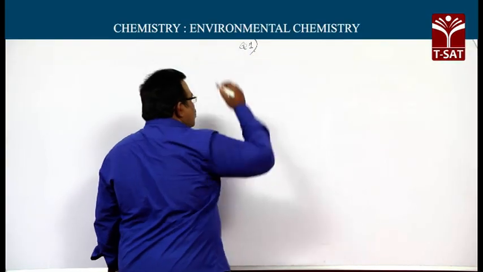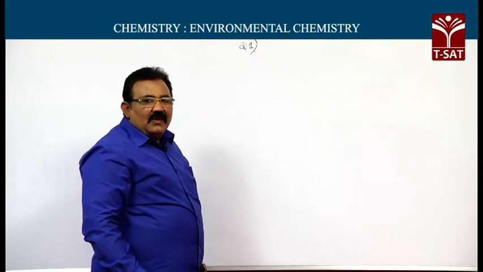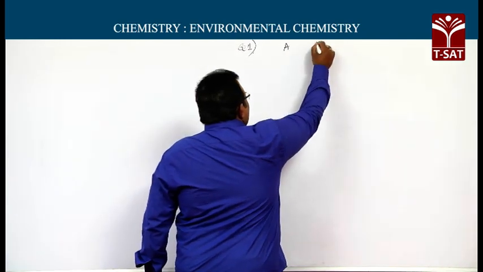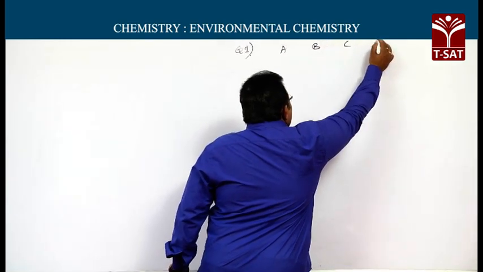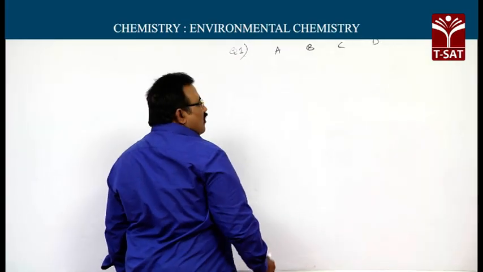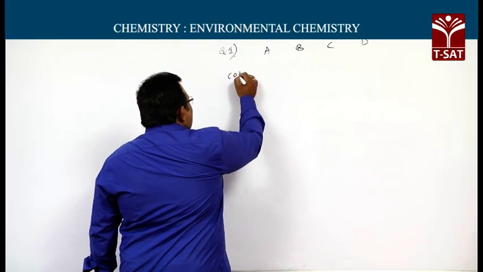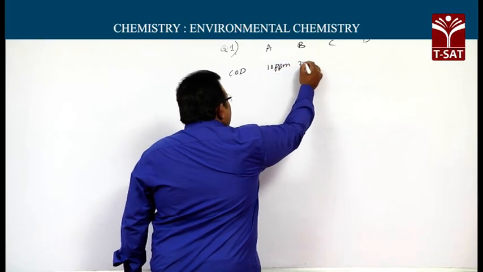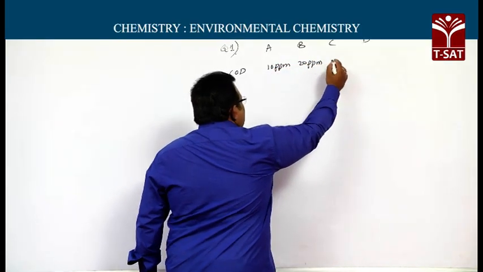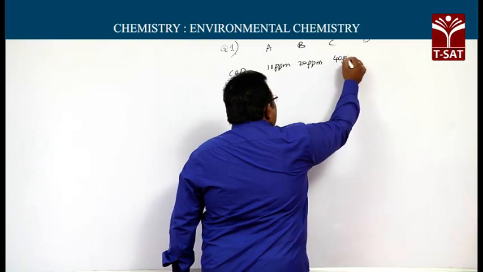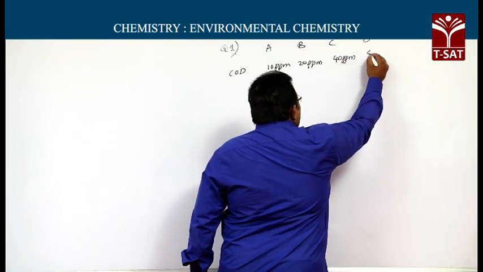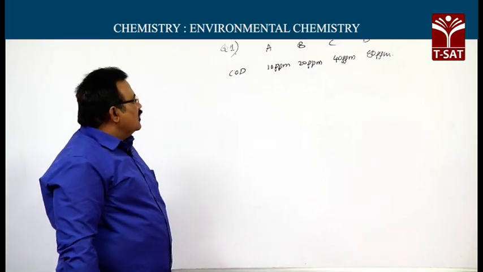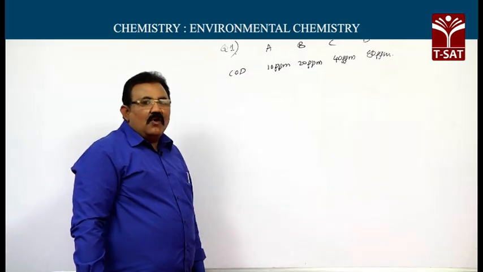One of the questions is: 4 water samples A, B, C, D have COD values 10 ppm, 20 ppm, 40 ppm and 80 ppm. Which water sample is more polluted?